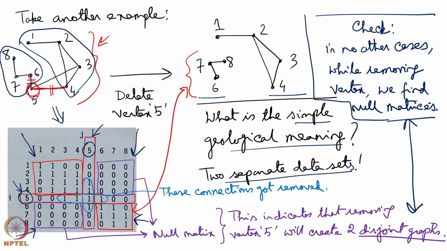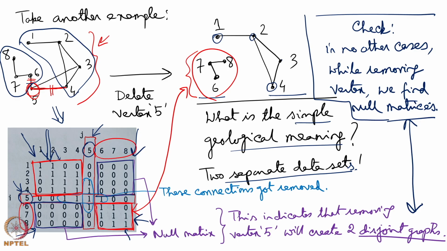Interestingly, in these 2 parts, this is a null submatrix, and this is a null submatrix, and the other parts are not null submatrices. I am dealing with 1, 2, 3 and 4 and their matrix, this red box only. And what about 6, 7 and 8? I have got this matrix representing 6, 7, 8 and their connections.